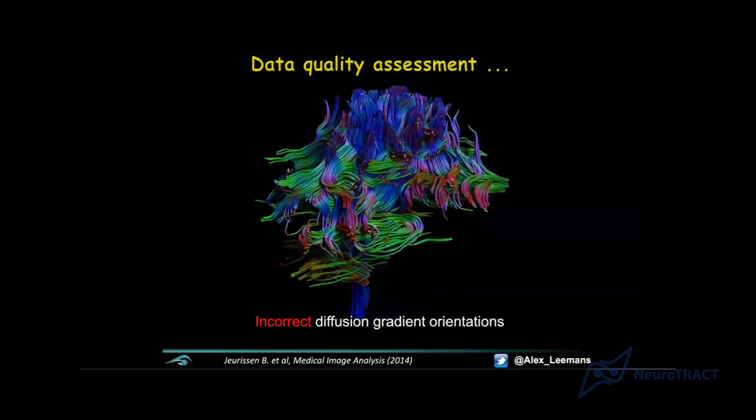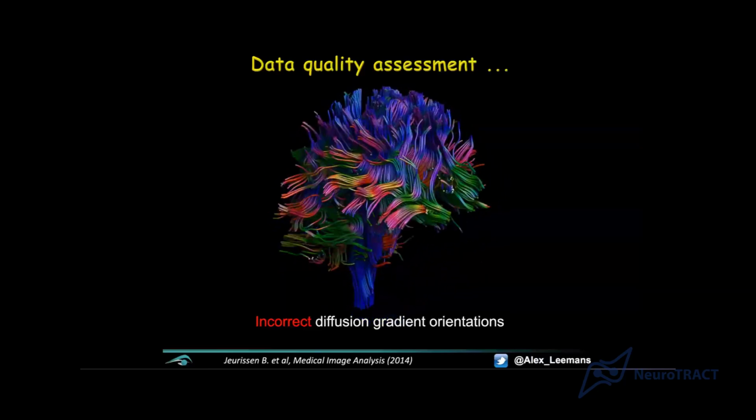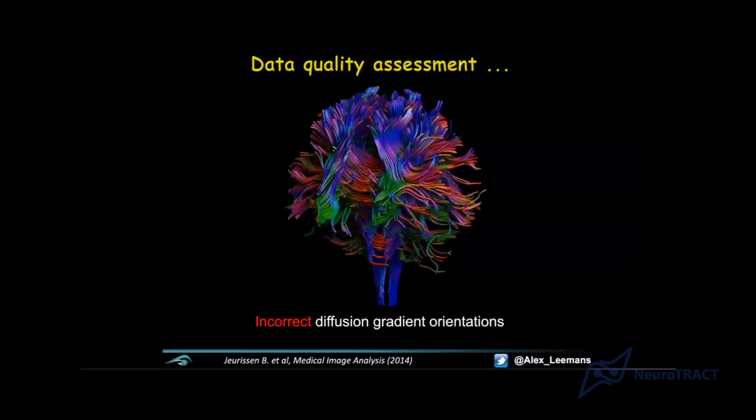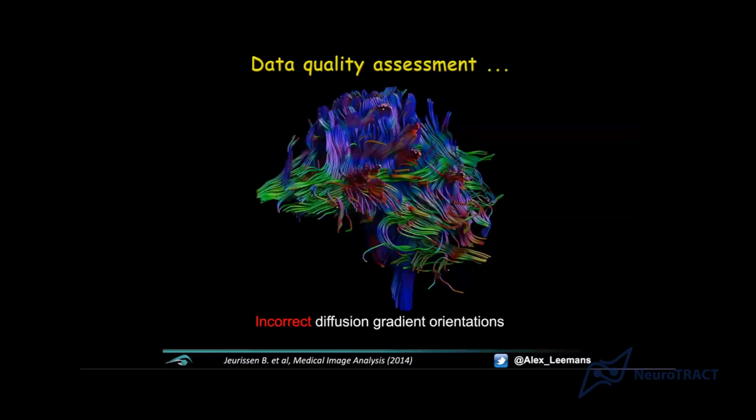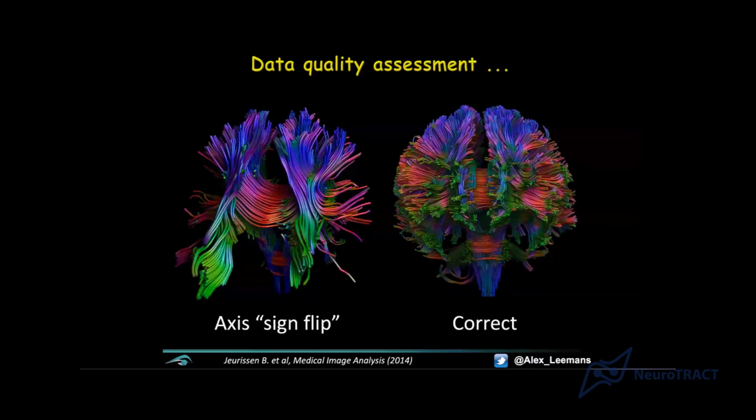But if there's a flip in the sign of your first eigenvector, you'll get something like this, right? This is the same subject, same data, but with the correct flipping of the axis. On the left, you don't see the cingulum bundles, for instance. These green bundles that you see on the right, on top of the corpus callosum, you don't see them.